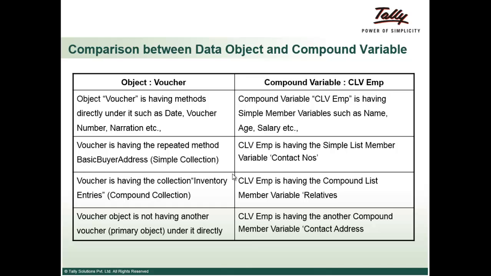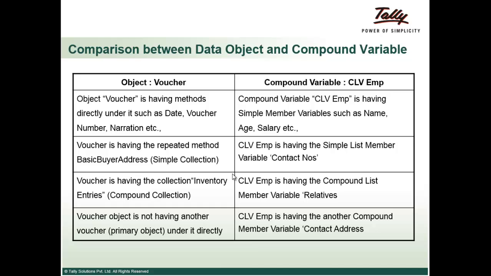In the object voucher, there are methods directly under it, such as date, voucher number, narration, etc. If you go through Tally Developer 9 and open the schema of voucher, you will see the different methods, the collections under it and everything.